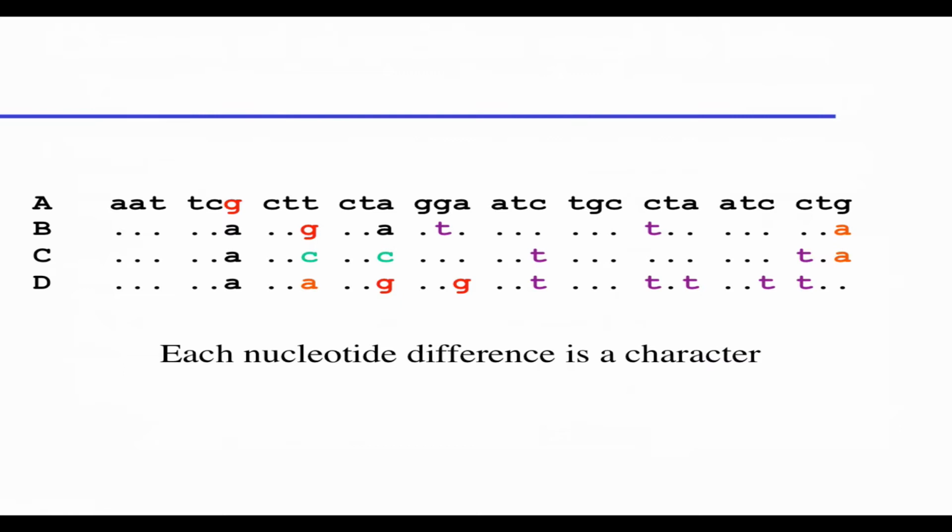But here we have a little segment of a multiple alignment, and I promise that these are orthologous, homologous sequences from different organisms. The way I've written out the matrix, wherever the sequence is identical in B, C, and D, I've replaced the letter with a dot. So the dots mean no change here.